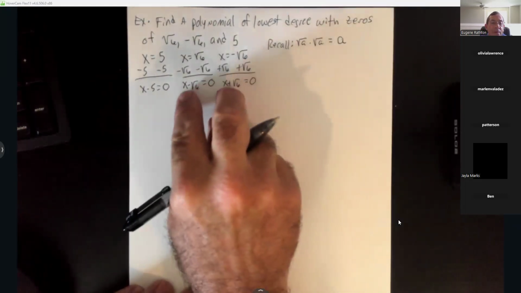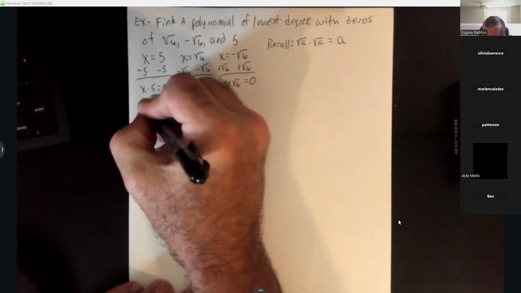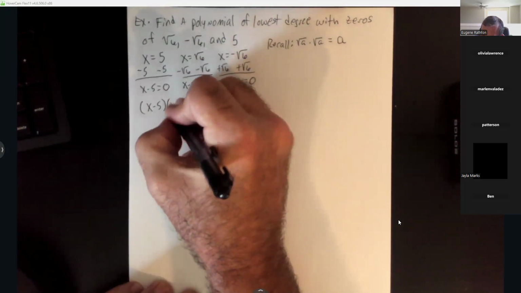Now we have 3 equations equal to 0. We're going to put them in parentheses and set the whole thing equal to 0.